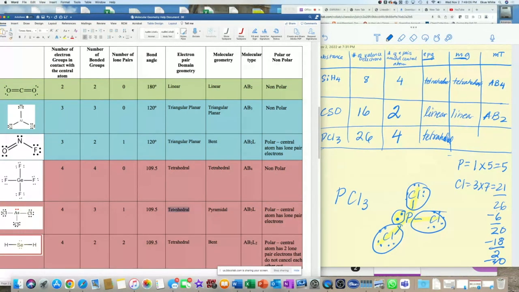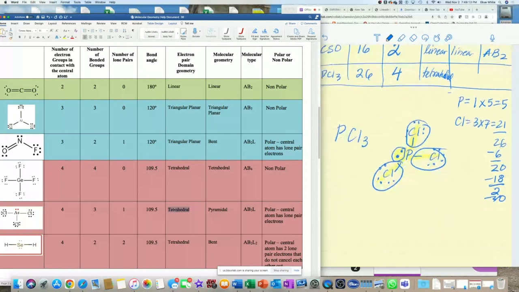When it comes to the shape, though, we only consider the bonding groups. So in this case here, think of a tripod stand. A tripod stand looks something like this. It may have something on top. Now we're looking at only the bottom part. If you remove this top part here, what is left behind?